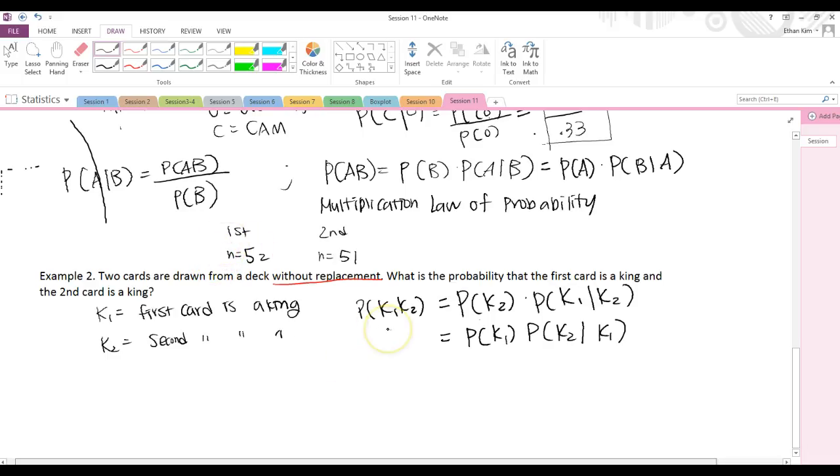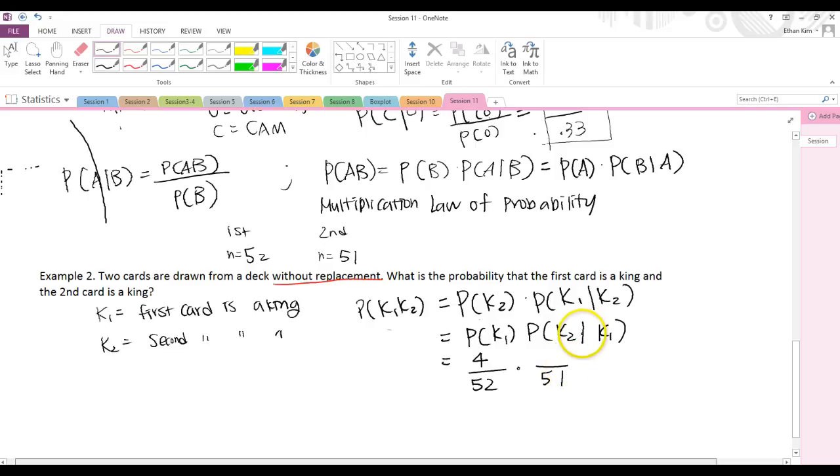So let's look at this. First, what is the probability of getting a king as a first card? There are 4 kings in total. In the first round, we have 52 cards, right? And times probability of K2 given K1. Given that we already chose a king as a first card, what's the probability that we're going to have a second king? This is a without replacement question, so it's going to be out of 51 because we already chose one of the cards.